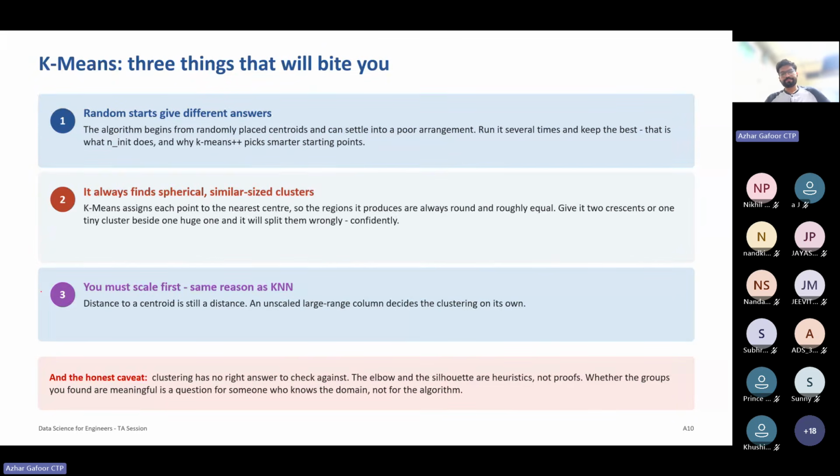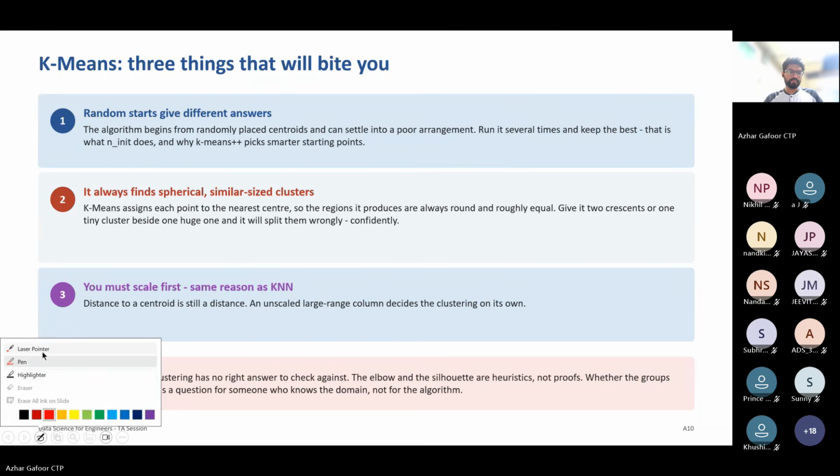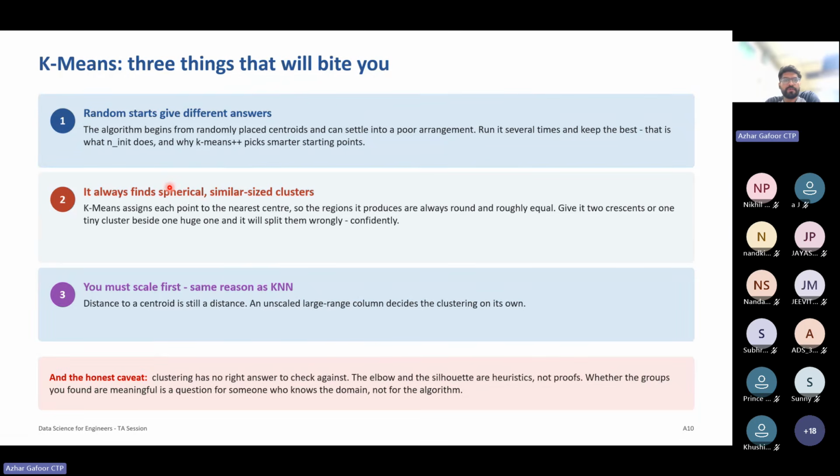So some of the things that we have to know about K-means clustering. Random starts give different answers. The algorithm begins from different randomly placed centroids, and it can settle into a poor arrangement also. So it's always best to take an ensemble, that is, run several times and keep the best.